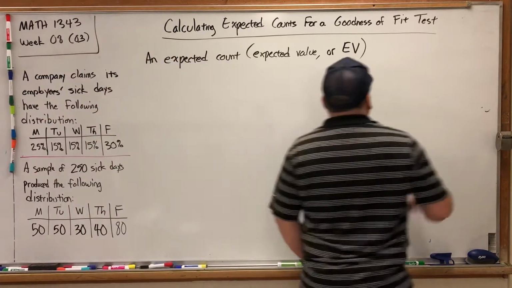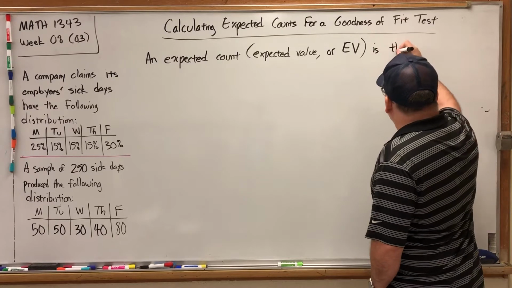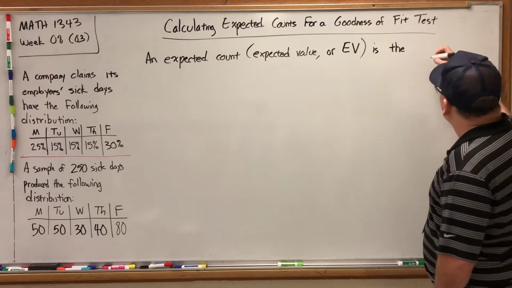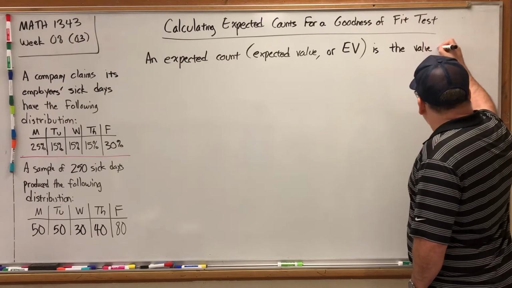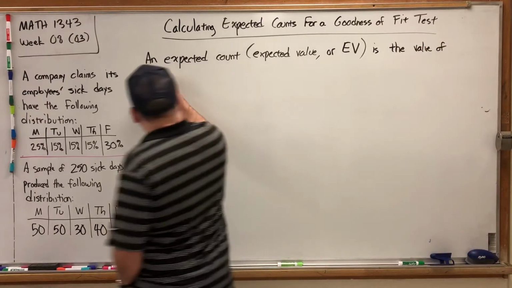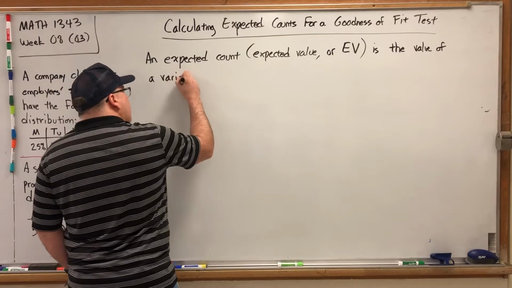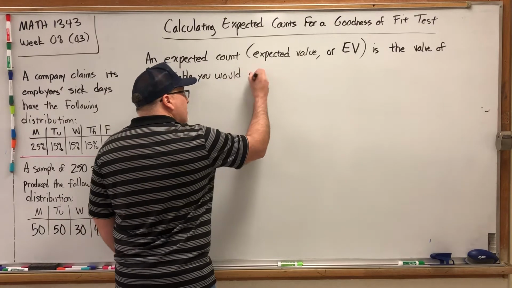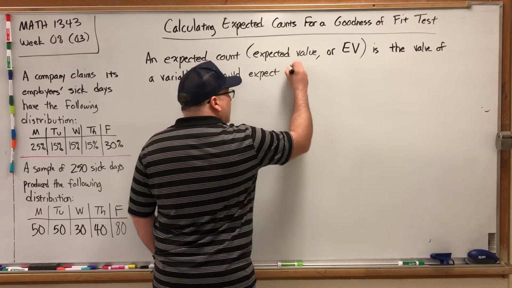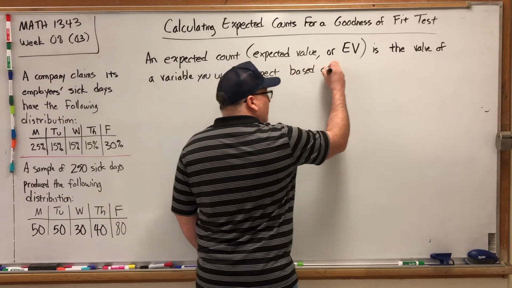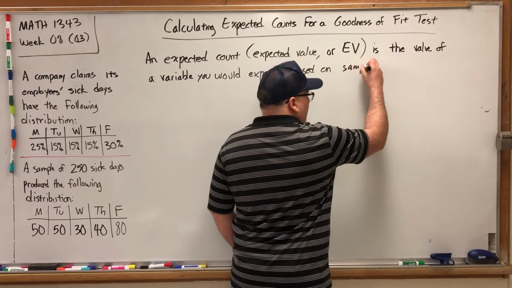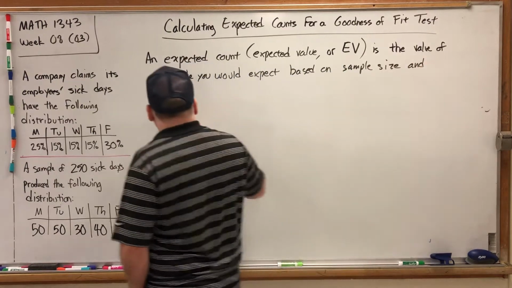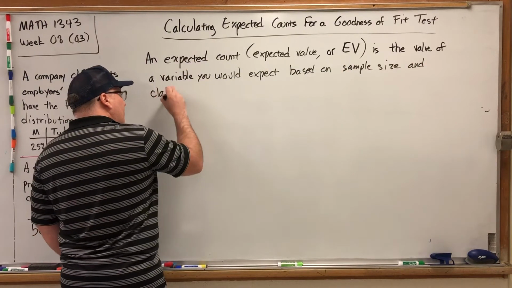An expected count is the value of a variable you would expect based on sample size and claimed population proportions.